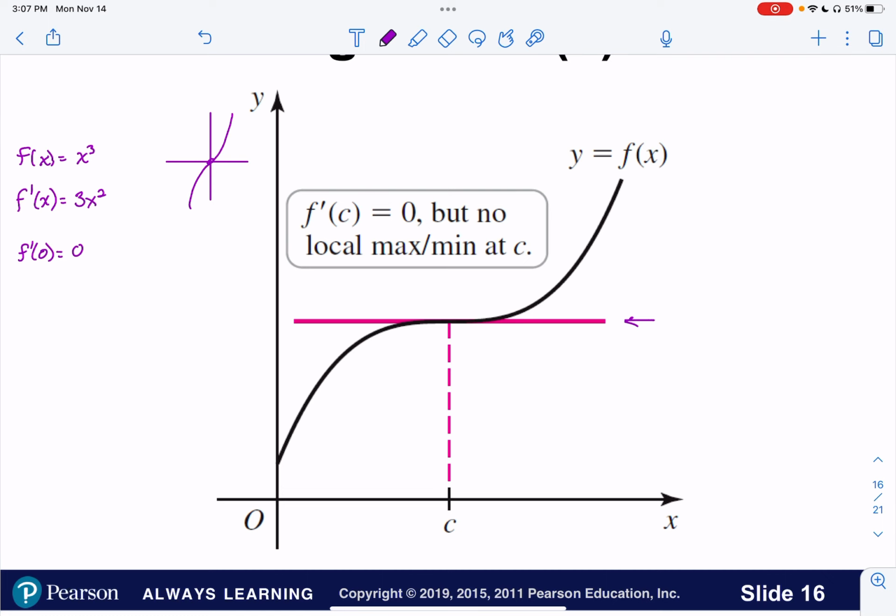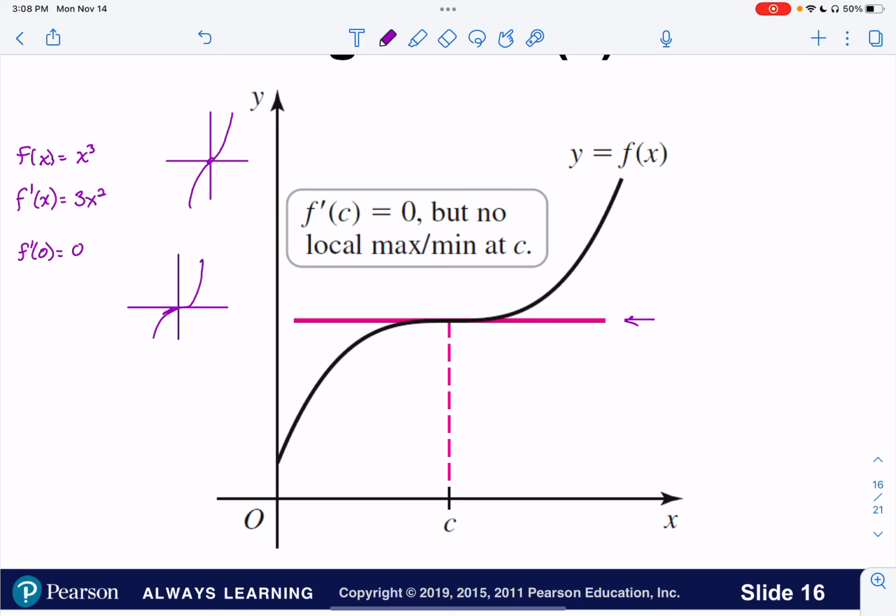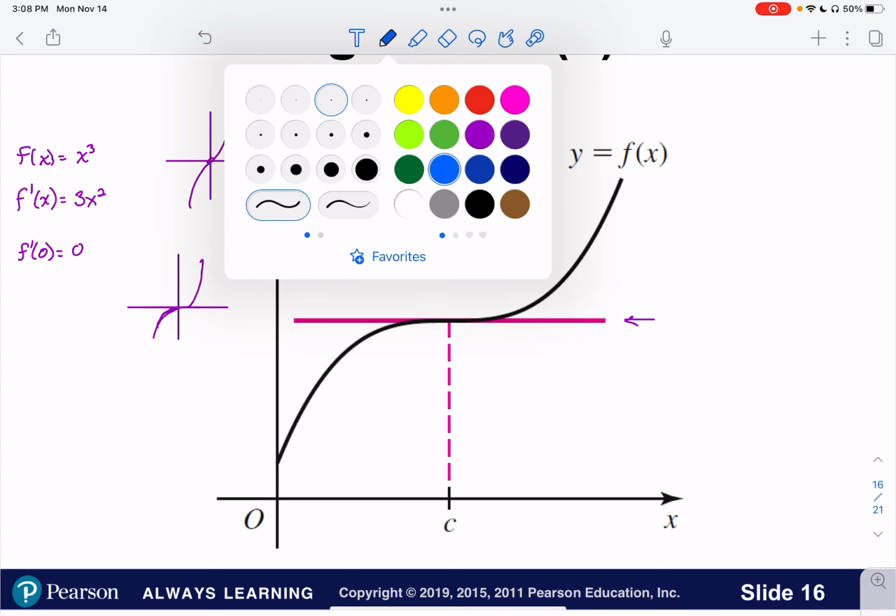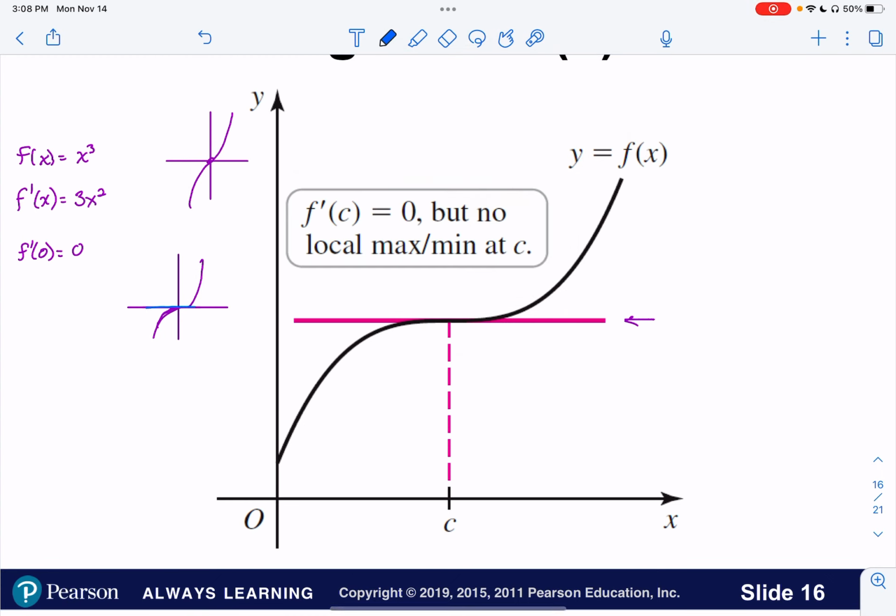What I have, if I were to zoom in really, really close, would be something where it goes through and comes right through here really quick and then goes back up. Right there at 0, I would have a slope of 0. I tried to get a different color there.